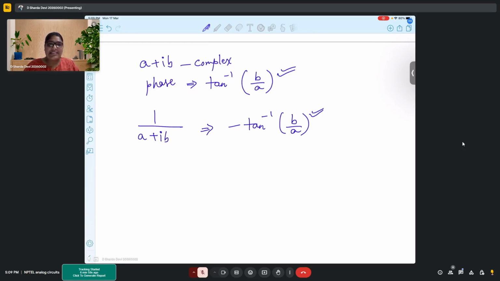Otherwise, it is the same as the analysis of complex numbers, but here you are not dealing with numbers, rather you are dealing with parameters like R C values. Other than that, it is just complex numbers. Even the magnitude analysis that we do is the same as complex number magnitude finding. So a transfer function is nothing but a complex number. You have to deal with it in the same way as you deal with a complex number while finding magnitude or while finding the phase. That is the idea.